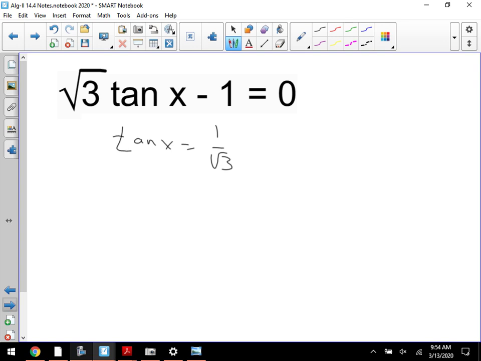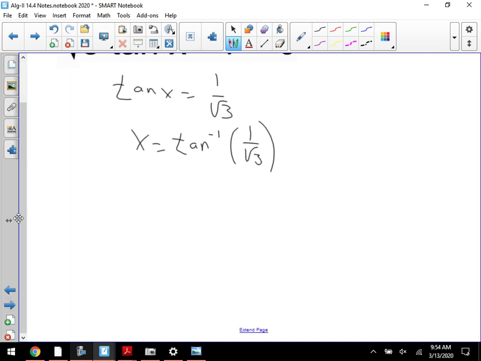So you go back to the same idea, what angle has the tangent value of positive 1 over root 3? Where's tangent positive? First and third. 1 over root 3, so we draw it real fast. That's my 1 by root 3. Well, that's got to be a pi over 6, and it's down here also.